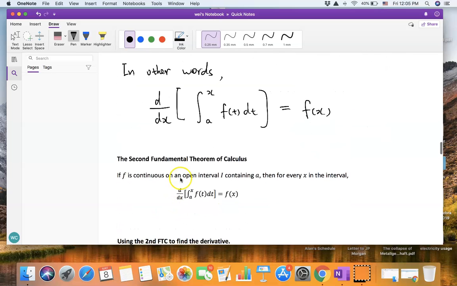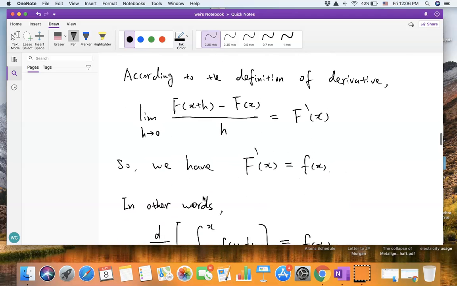The second FTC tells us that if a function f is continuous on an open interval containing a number a, then the derivative of this integral will be equal to little f(x). Now, this integral, we said, represents an accumulation function, capital F(x).